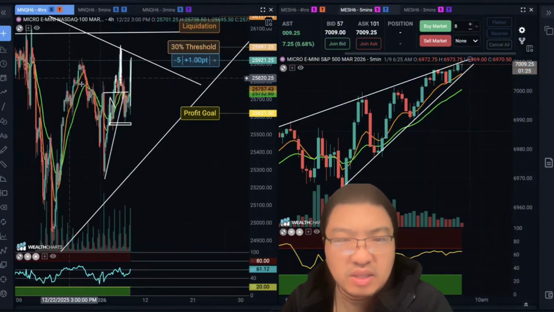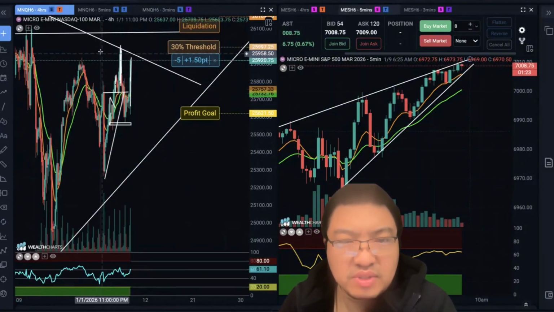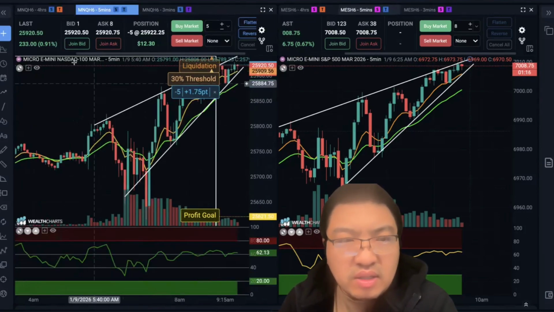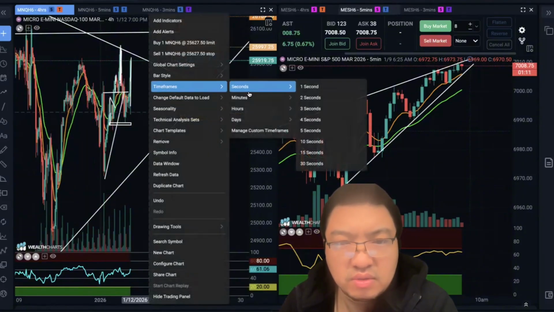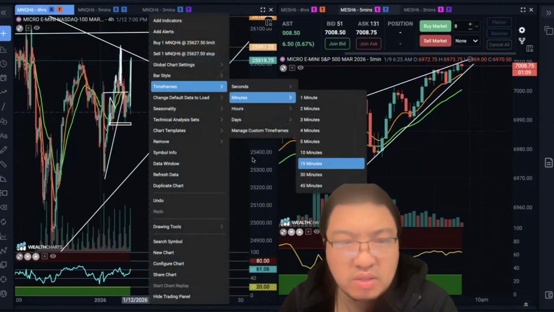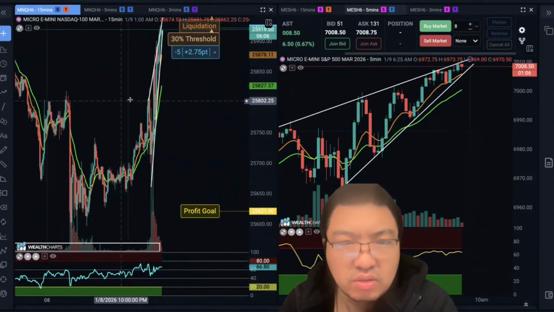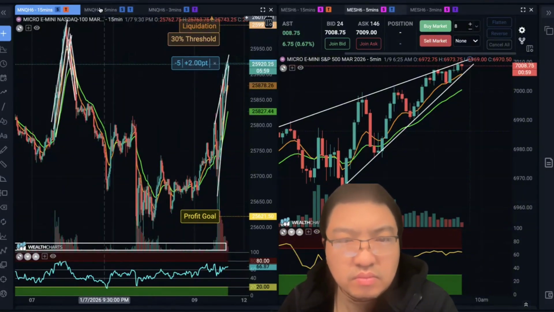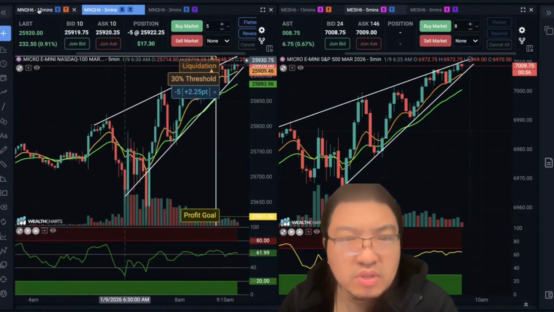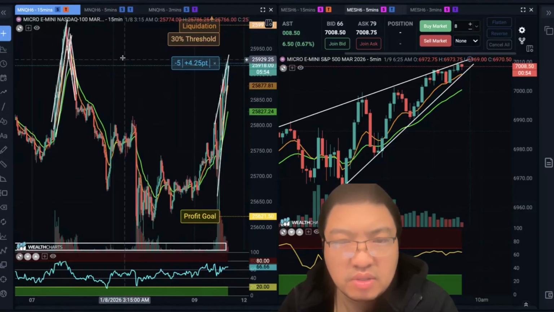Well, it's not easy to set a stop loss. Should I set it here? It's just not that easy. Maybe I should change the time frame to 15 minutes. Oh, this is where my trend line drops, so probably I should draw it here.